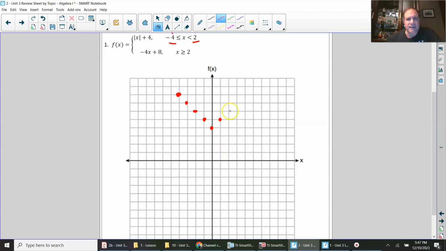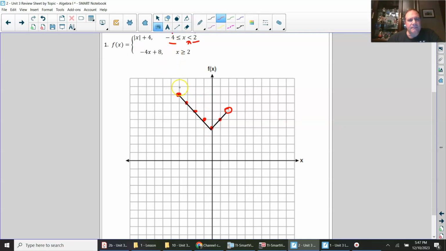Now 2 is the last one that I am going to graph, and it's an open circle because of this right here. You see it? All right, so I'm going to go ahead and connect my points just like that.